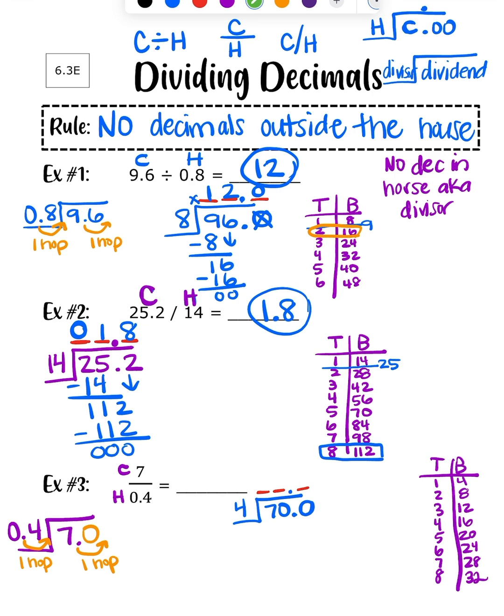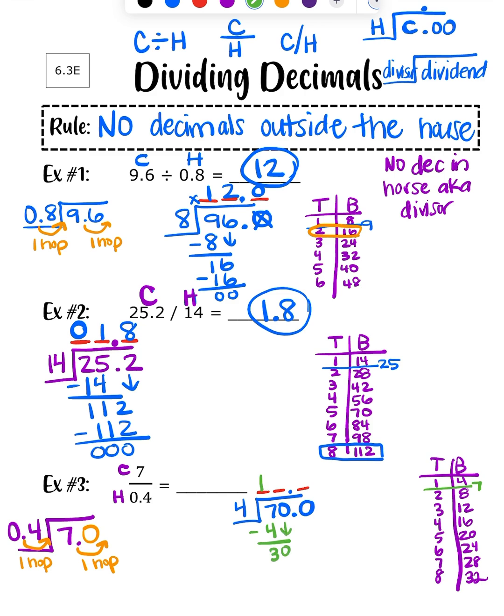Yes, if I have 7 chairs, that would fit right here in between 4 and 8. So we look above and on top, I'm going to have a 1. On bottom, I'm going to have a 4. So it goes in 1 time, subtract. 7 minus 4 is 3. Bring down my 0.